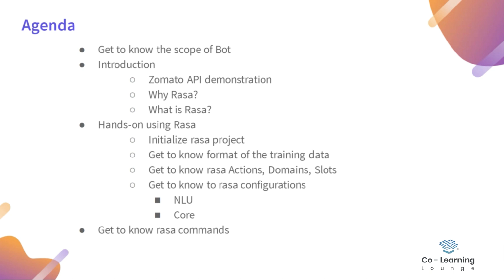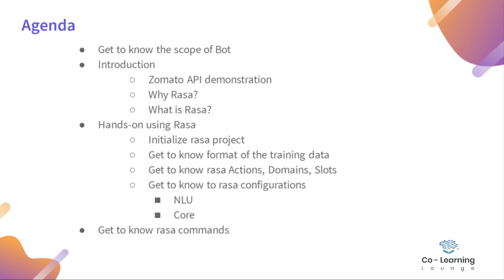Similarly, in today's agenda, we'll first get to know the scope of the bot, right? In my last example, the scope of the bot was to find flights based on source, destination and the date of journey. Here we'll look at the scope of the bot.